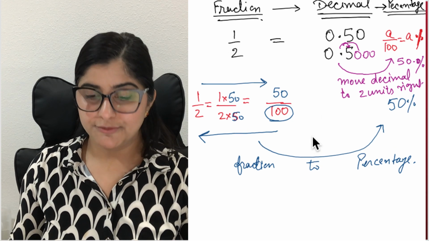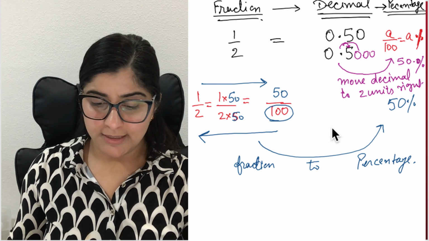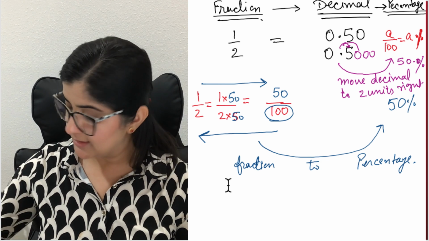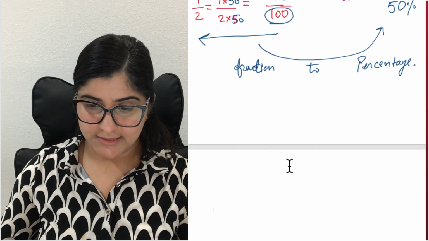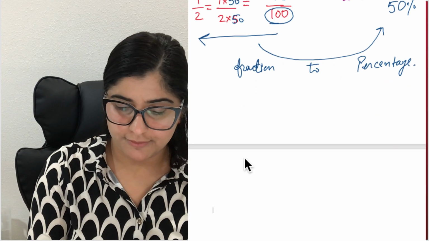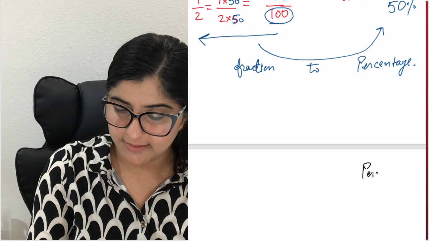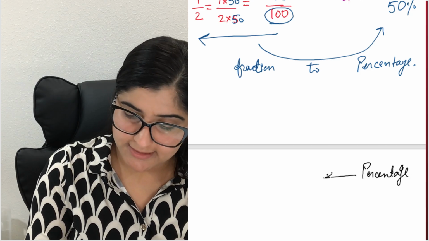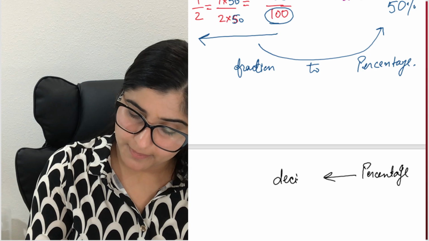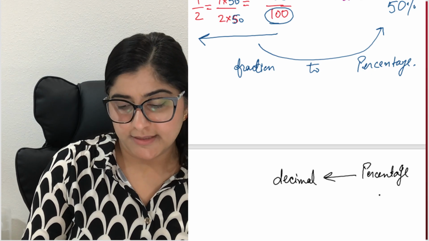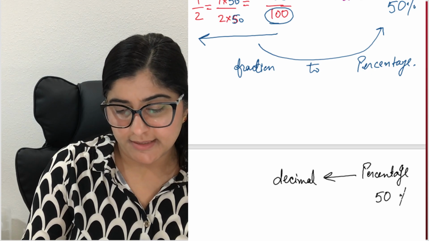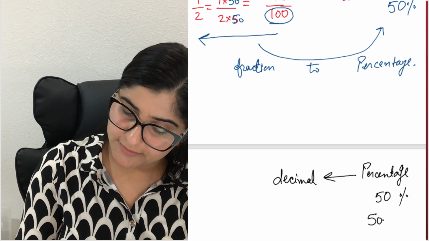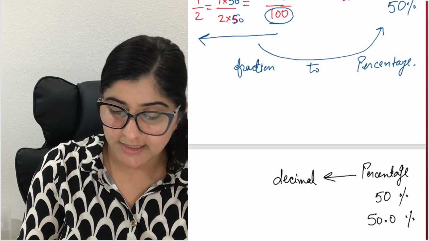And if you have to change a percent to a decimal, we have to do the reverse. So let's see here. If you have to change percent to decimal, for example, we have 50% and we have to change it to a decimal. 50% is 50.0%.